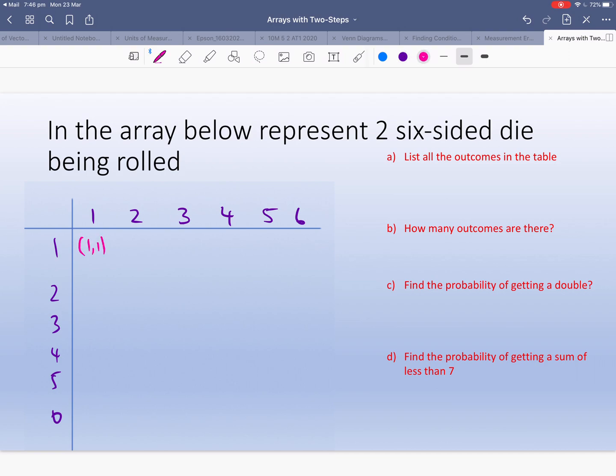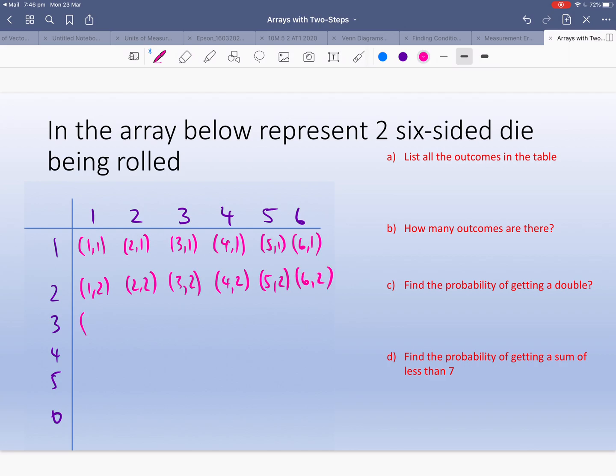I can roll 2 1, 3 1, 4 1, 5 1, 6 1, and I'm just going to keep going because we've got a lot to write down. And hopefully you're doing this with me, because I'm not pausing the video.